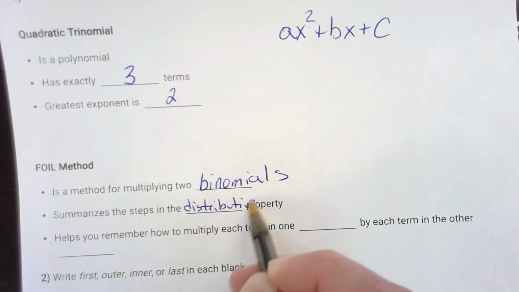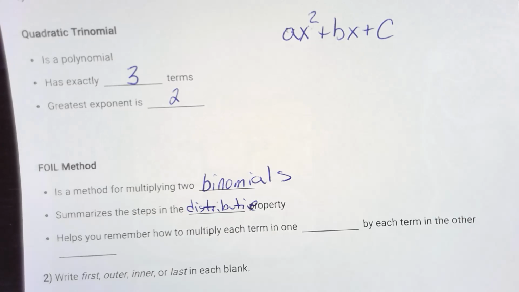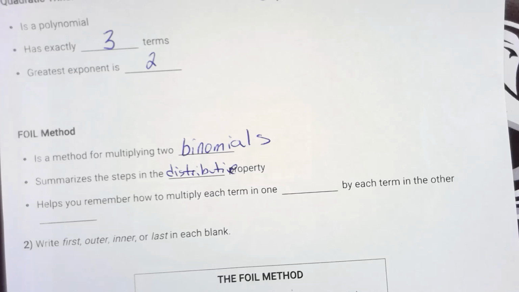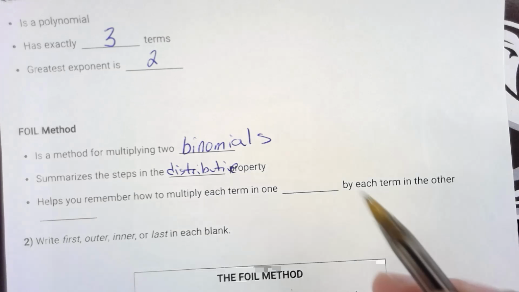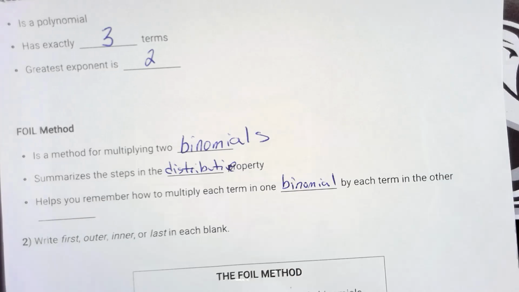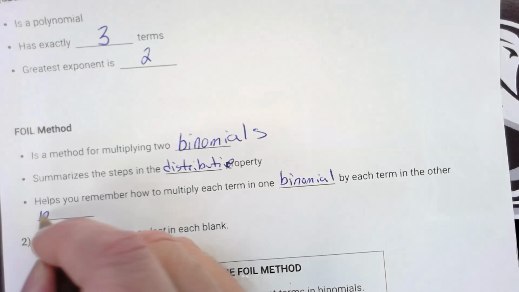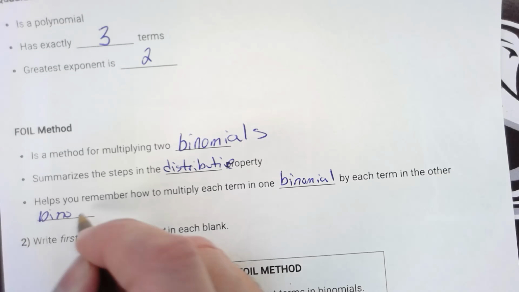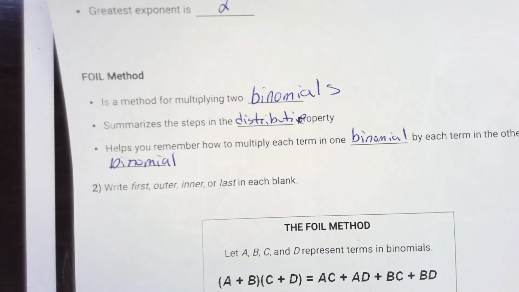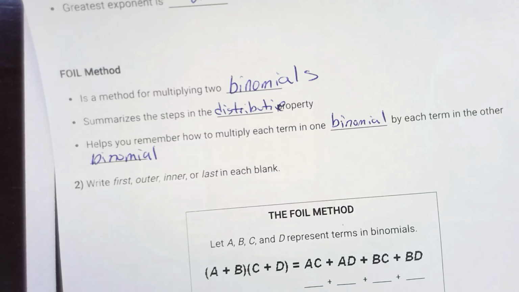It helps you to remember how to multiply each term in one binomial by each term in the other binomial. Really, all you're doing, and we've already talked about this earlier, is just distributing twice. FOIL stands for first, outer, inner, last.